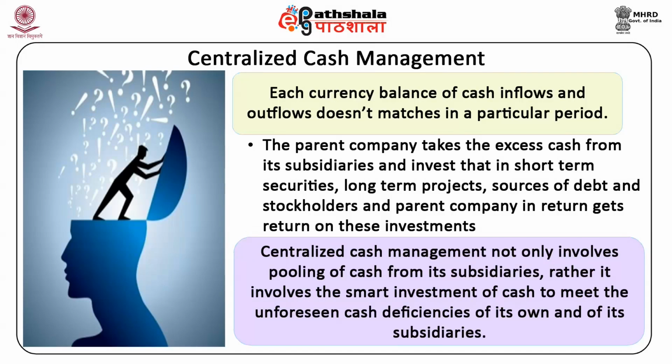Centralized cash management not only involves pooling of cash from its subsidiaries, rather it involves the smart investment of cash to meet the unforeseen cash deficiency of its own and one of its subsidiaries.